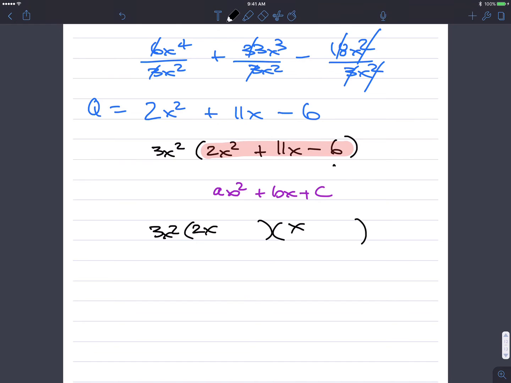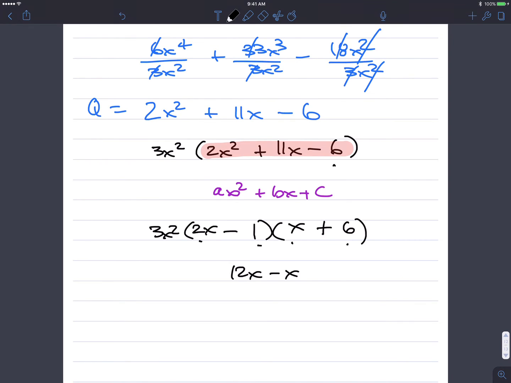So factors of 6 and 3 are like 6 and 1 and 2 and 3, right? So I have to find factors such that they add up to 11x when I do FOIL. Anyway, anybody know what that might be? I think it's 6, 1, plus 6 minus 1, because 2x and 6 is 12x. Is that right? Negative 1 and x is negative x.